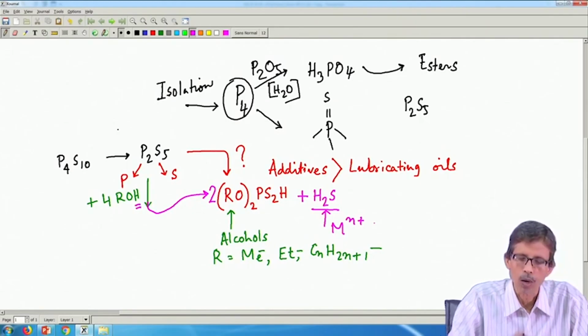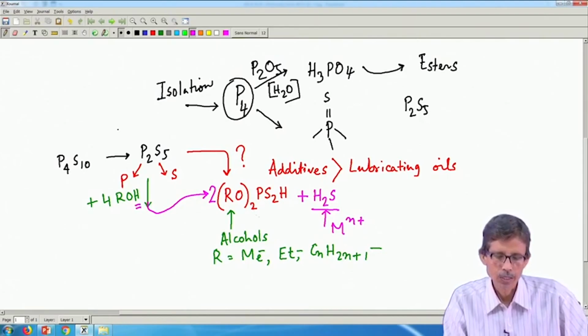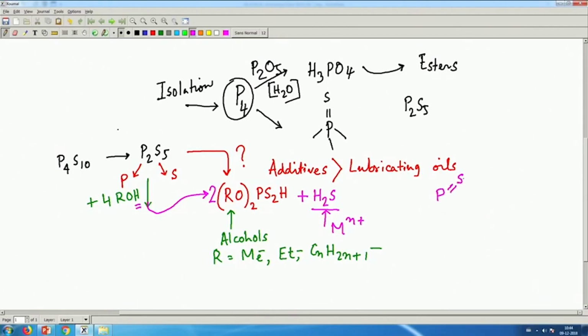So, what is this particular one? How do we write it from here? This molecule is basically a P double bonded S, because we are making it from P2S5. So, P double bonded S is there, another group is SH, and we have 2 RO groups.